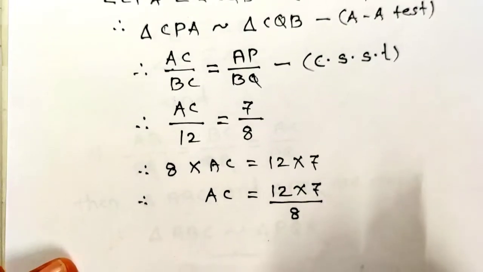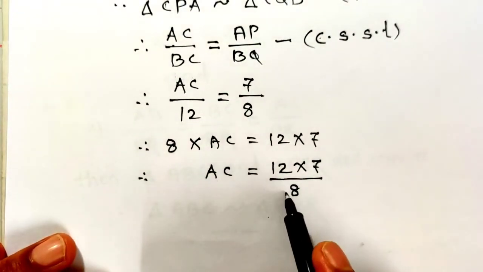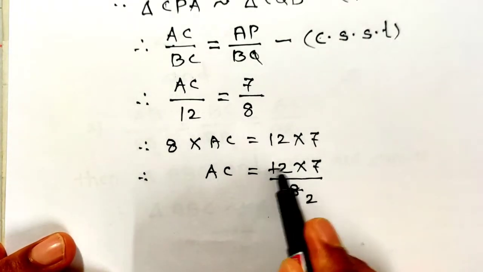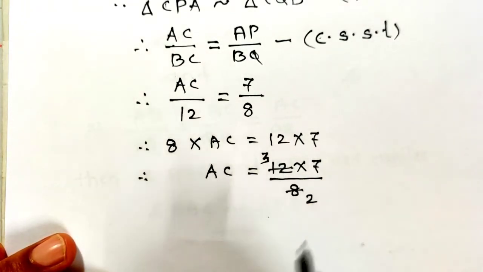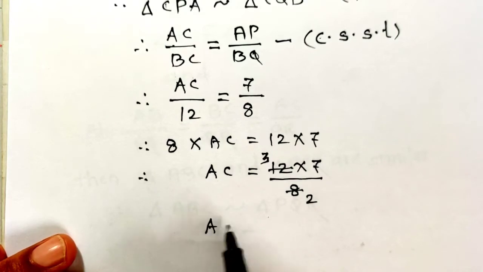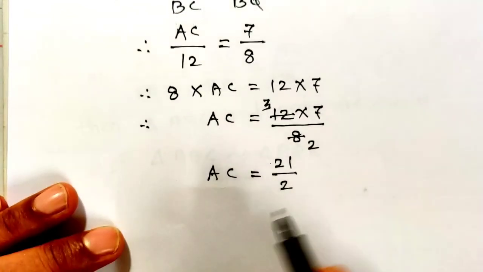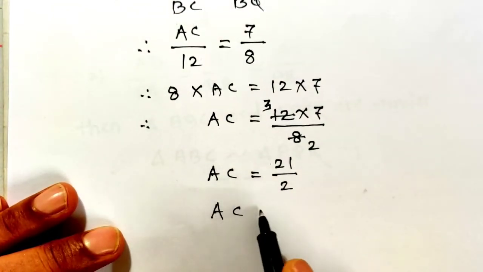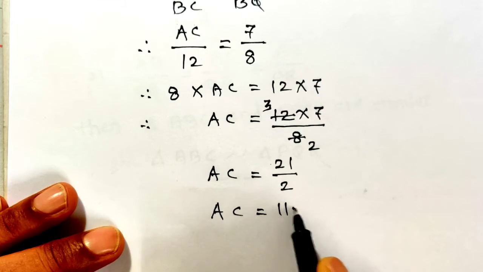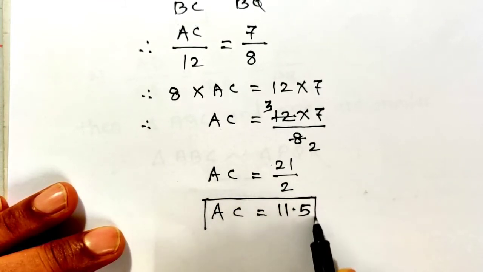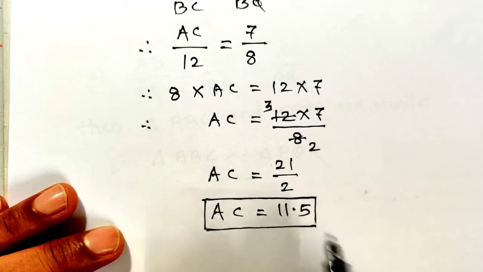Here we divide by 4: 4 twos are 8 and 4 threes are 12. So AC is equal to 7 threes are 21 divided by 2, and we get the answer AC is equal to 10.5. So in this way we can find the remaining side.